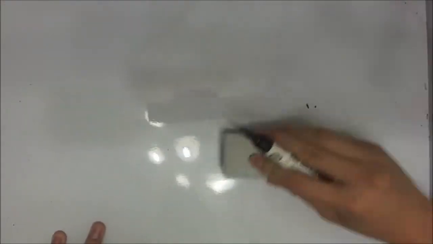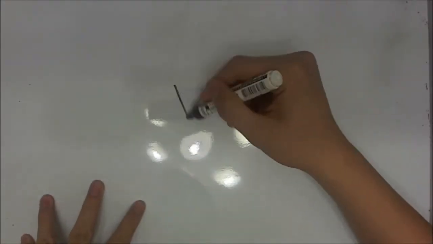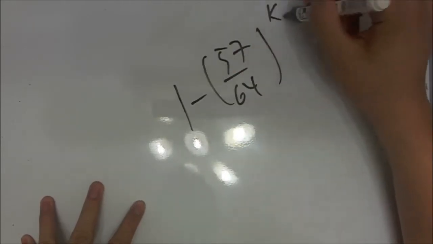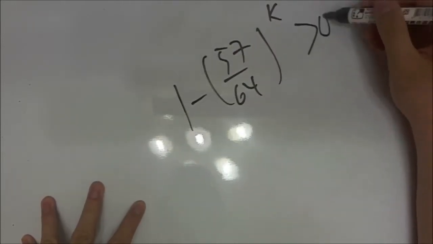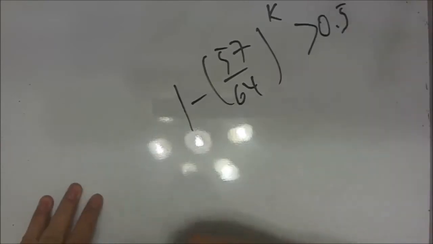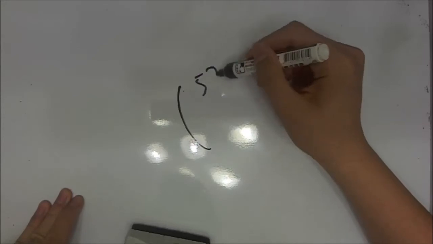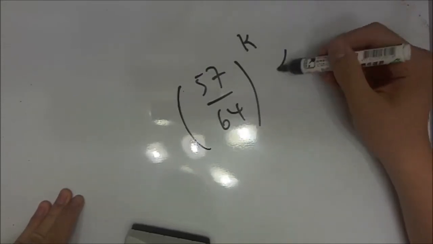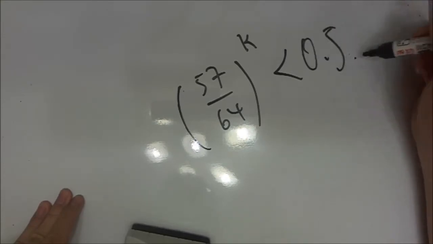Therefore, the remaining part of the whole fraction is 1 minus 57 divided by 64 to the power of k. We know that the answer to this must be bigger than 0.5. Therefore, 57 divided by 64 to the power of k must be smaller than 0.5, which is represented by the notation 57 divided by 64 to the power of k smaller than 0.5.